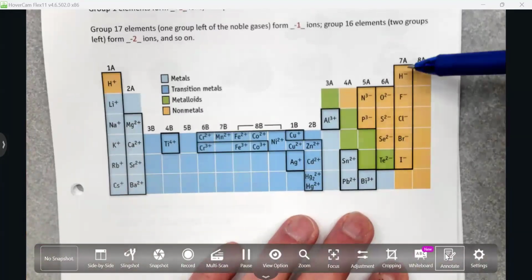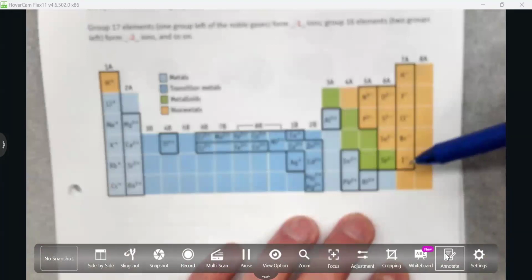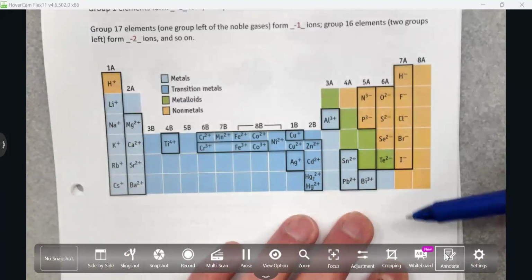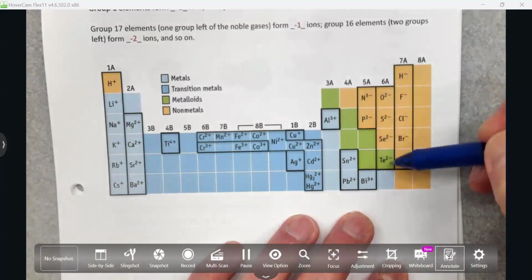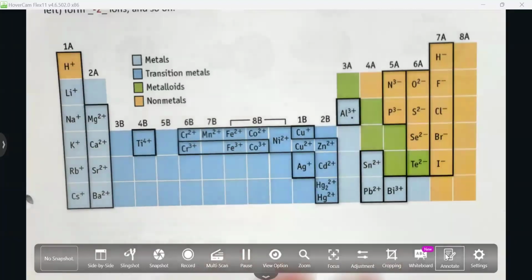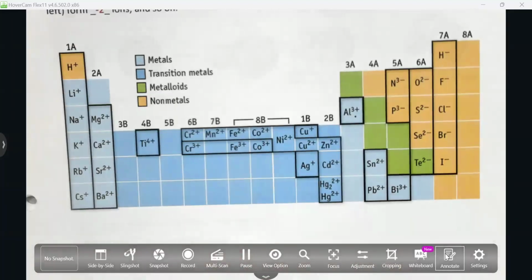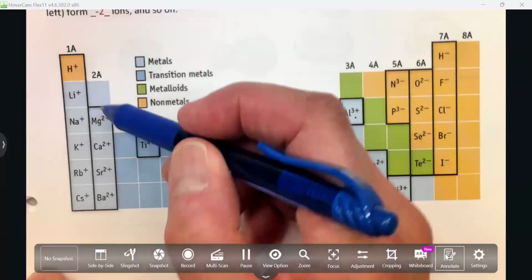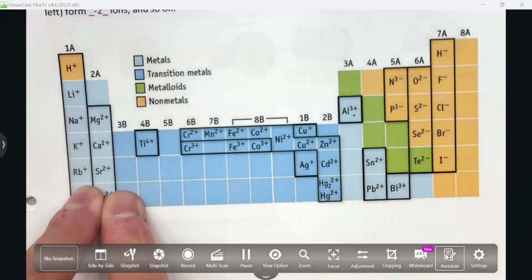You need to know all of the halogens here, -1. Everything here, -2. Aluminum's always +3. You're going to be given a periodic table, but realize that you can look where they are to get the charges of the ions, right?